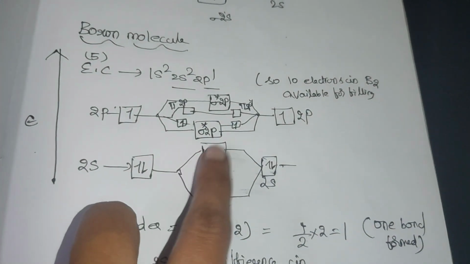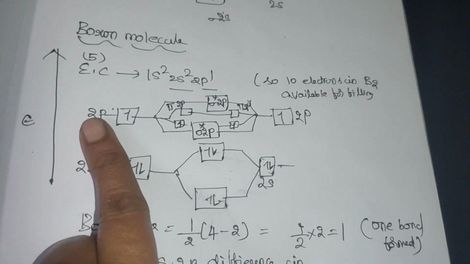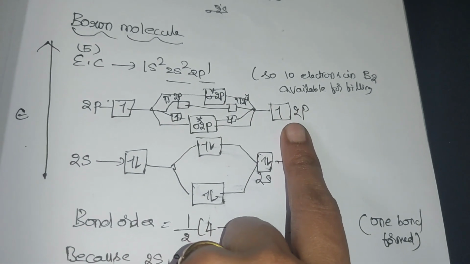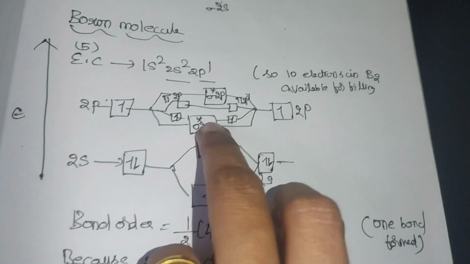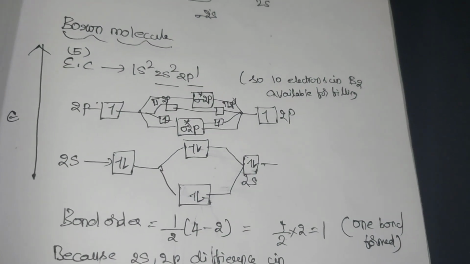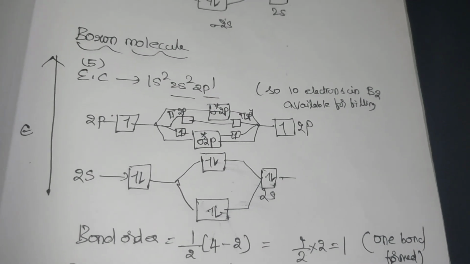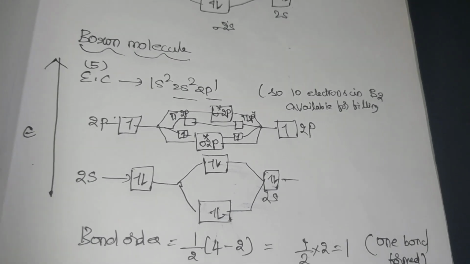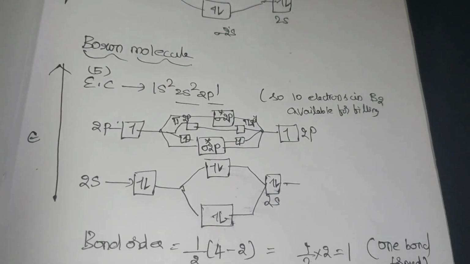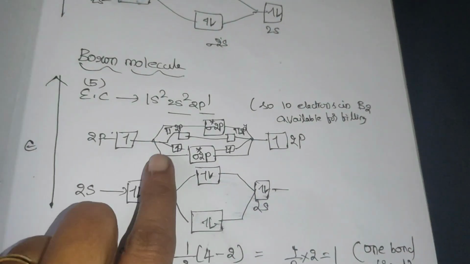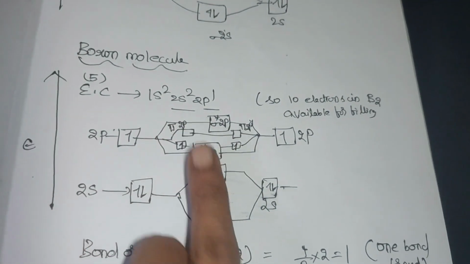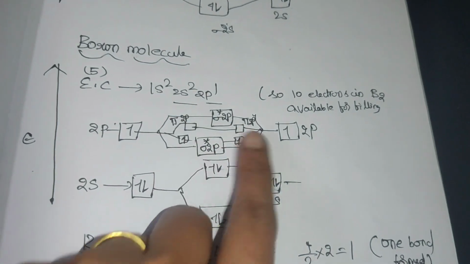The 2p orbitals also form sigma 2p and sigma star 2p bonding and anti-bonding orbitals, and pi bonds are also formed, as we learnt in the linear combination of atomic orbitals. If pz reacts with pz, there will be head-on overlap, and then the sigma bond is formed. If it is px or py, then pi bonds are formed. Like this we draw the diagram of pz and also px and py.